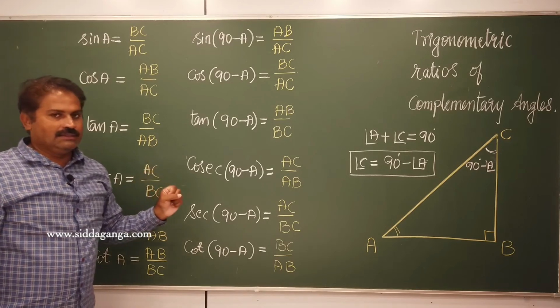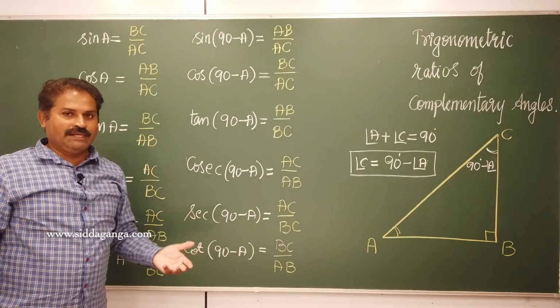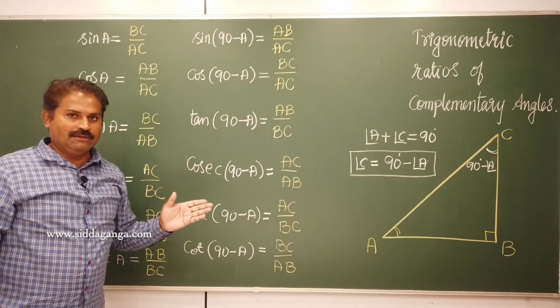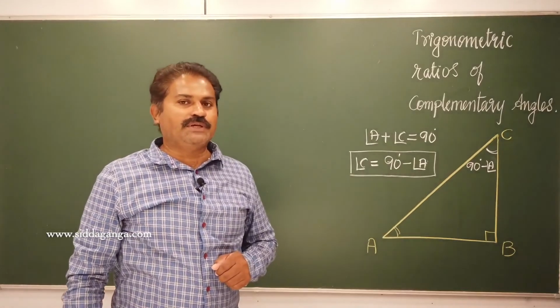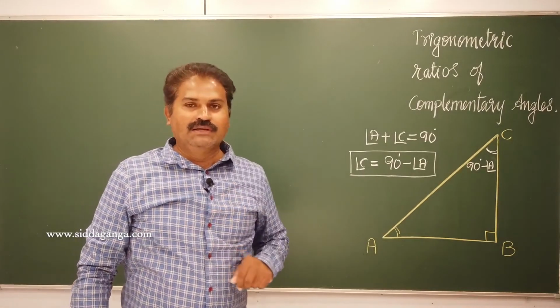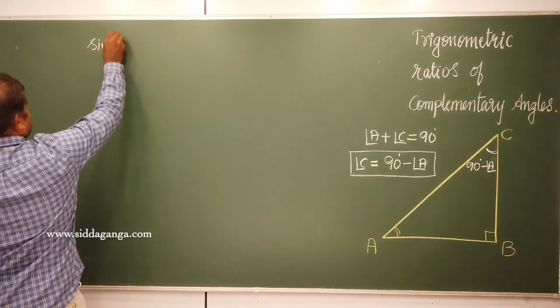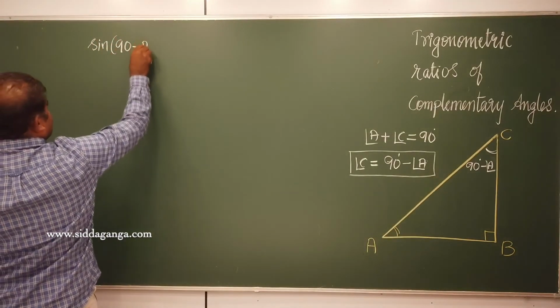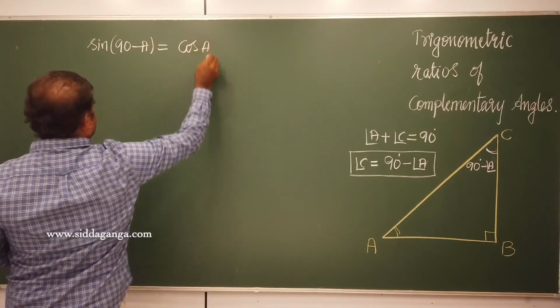After understanding this, we will write the relation of these complementary angles in a single table, and represent all these complementary trigonometric ratios together. Repeat after me. First, sine(90 minus A) is equal to cos A. Very good.